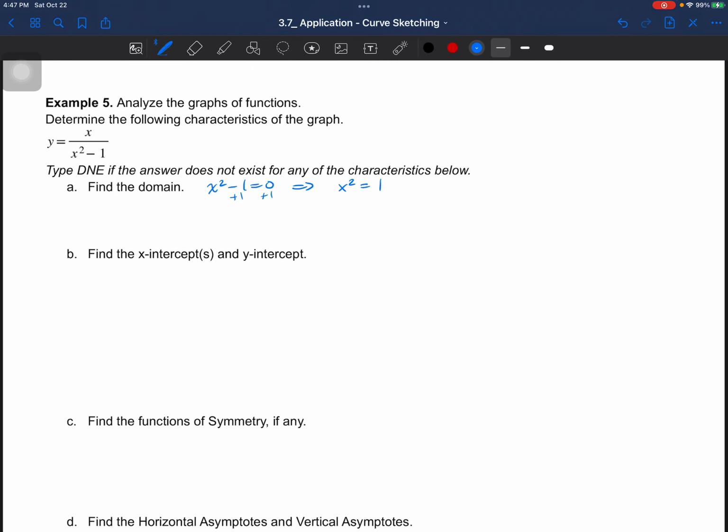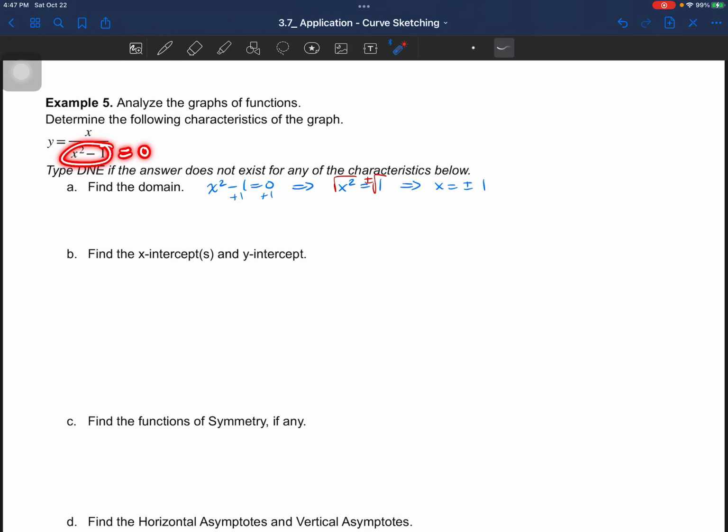So basically it will happen whenever x squared minus 1 is equal to 0, which happens when x squared equals 1, by adding 1. Then this follows by taking the square root on both sides of the equation, plus or minus. This will give us x equals plus or minus 1.